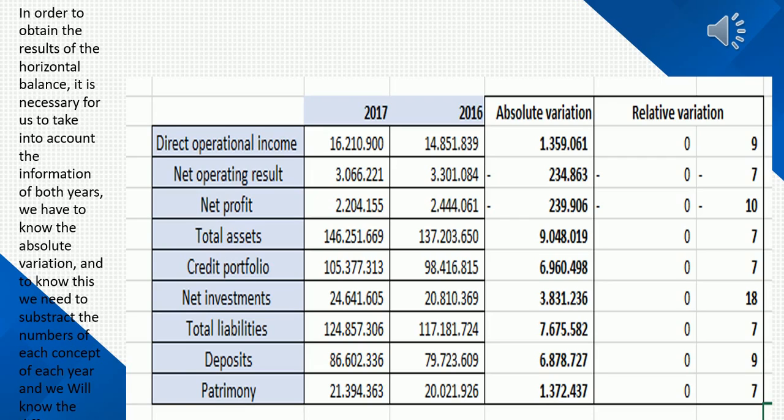But in all other concepts, such as direct operational income, total assets, credit portfolio, net investments, total liabilities, deposits, and patrimony, the outcome is positive, which means that they grew, they had positive outcomes, and they have a better situation in 2017 in those financial concepts.